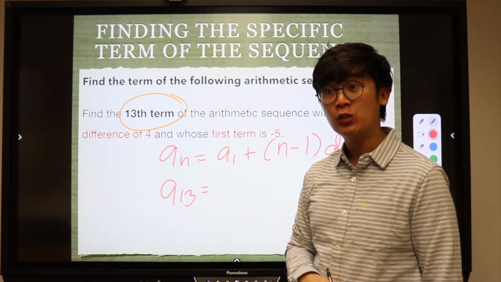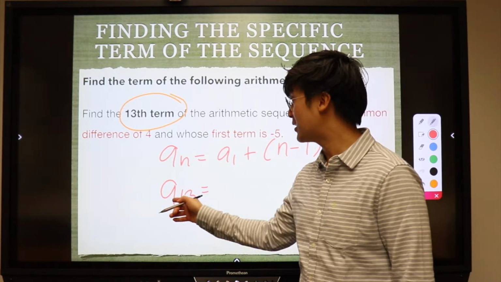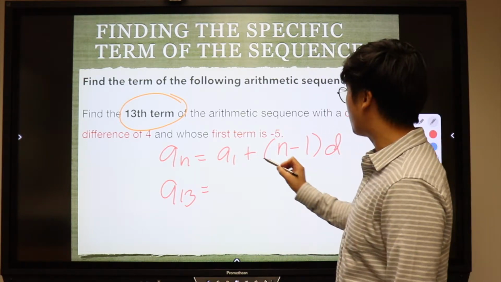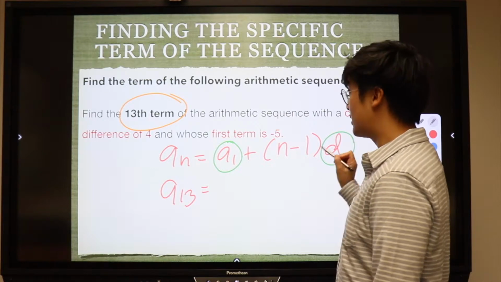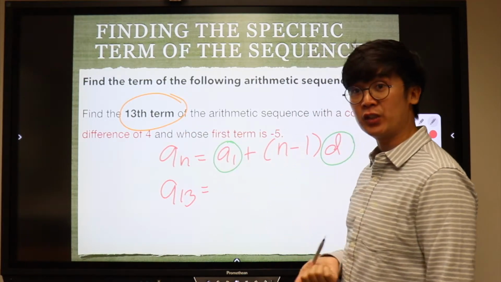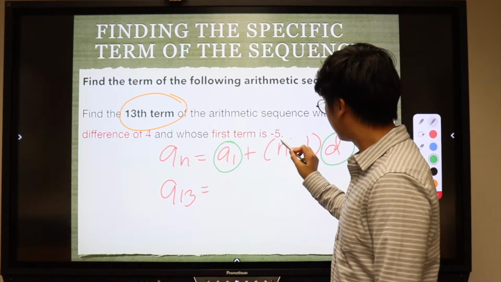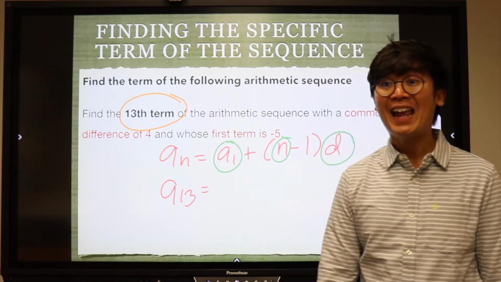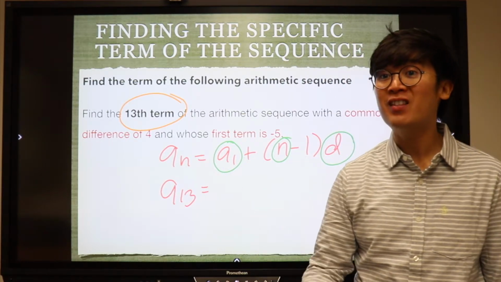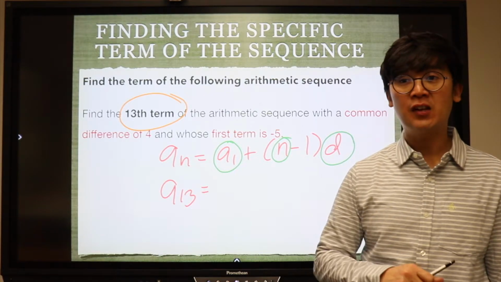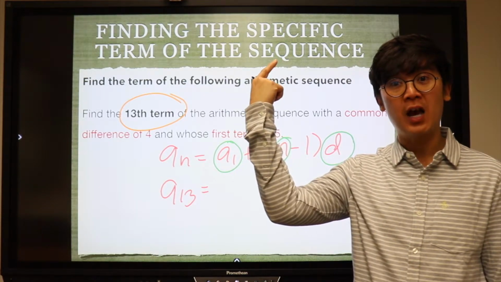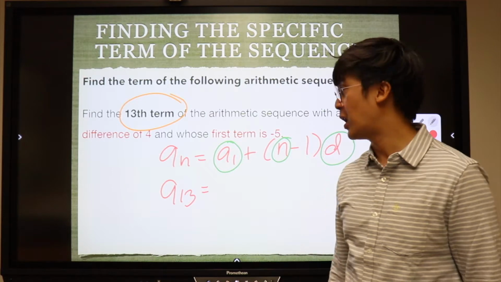So what will happen to our formula when we have a sub 13? That means we will replace this, because we have a common difference and the first term. And we can also replace n, because now we're looking for the 13th term and not the nth term. That's the difference between the example on the previous slide and this example. So let's plug it in.